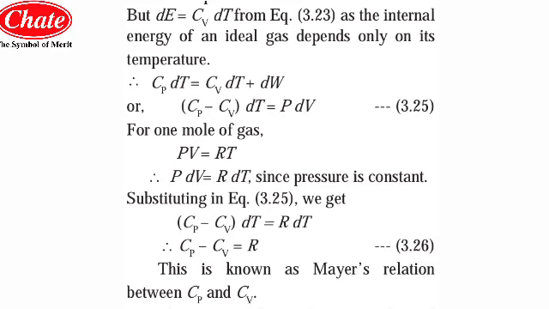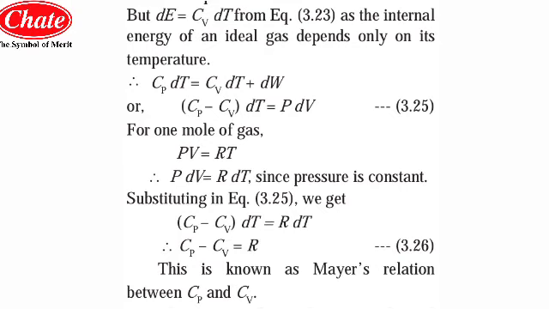Now this equation may be written as Cp into dT. In the second case that we have derived, Cp into dT is equal to Cv into dT plus dW. In the first case there was no piston movement, only an increase in internal energy.